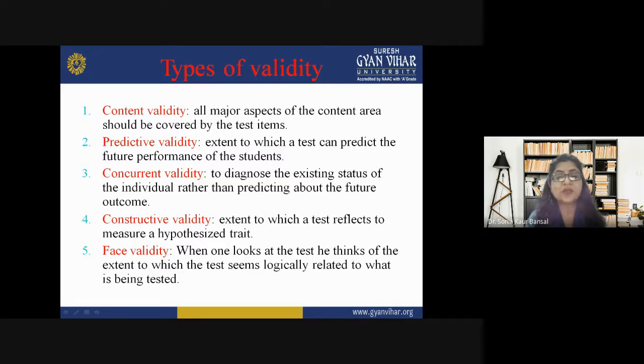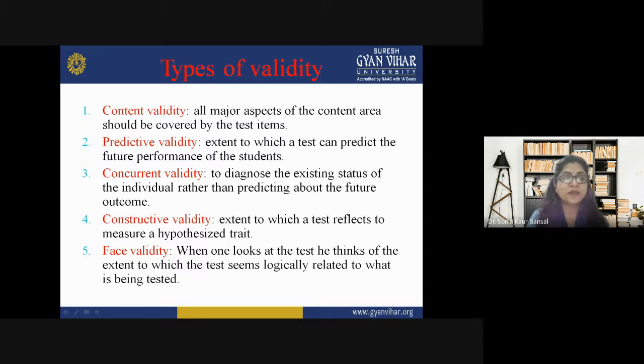All right, students, this is all about the types of validity. We have seen content, predictive, concurrent, construct, and face validity. So these are all the types of validity.